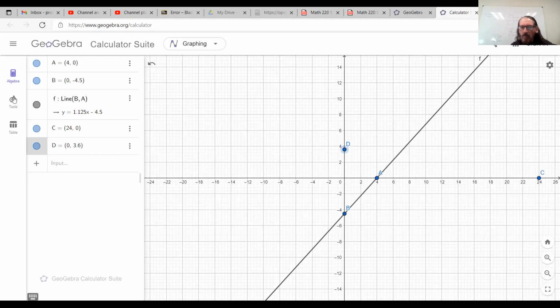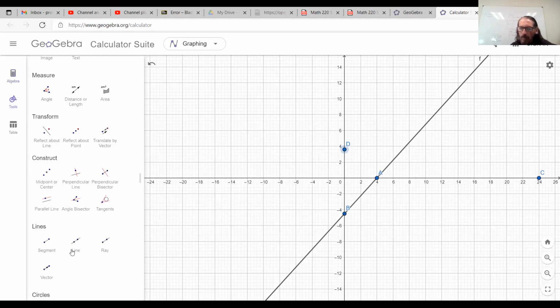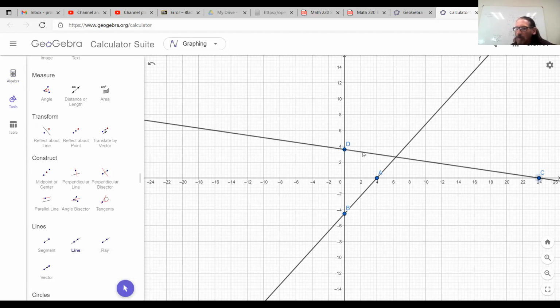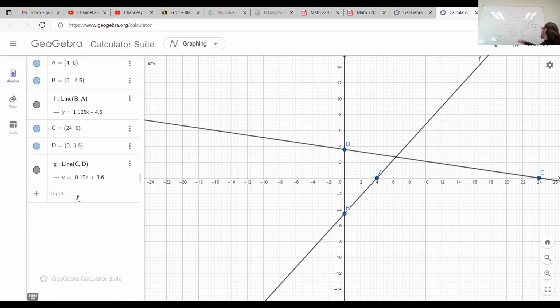All right, going to connect those, points C and D. And once again, it is giving me the equation of the line connecting them. That matches up with what I came up with there. All right. Now we can see that they are crossing within our field of vision.